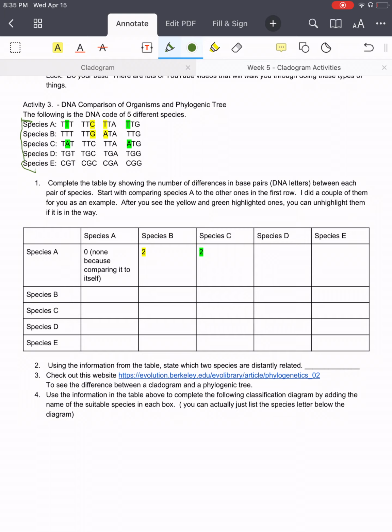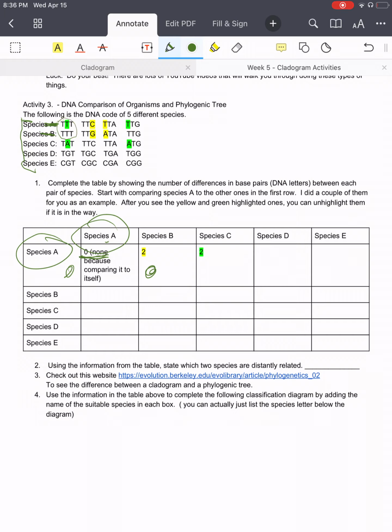So you're going to compare right here species A to species A. Well, it's itself, so there are no differences in the DNA. So there's 0 differences. Species A in comparison to species B now. I did this in yellow up here. I look at A and I look at B and I'm comparing them. There's no differences at the beginning.